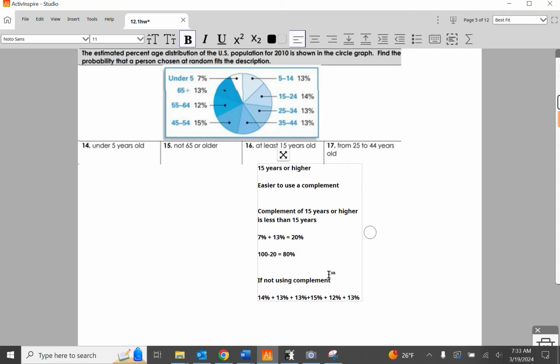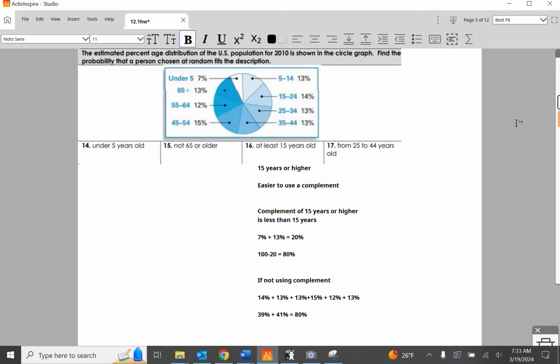Sorry, I don't know why I didn't finish that. Must be tired. We have 13, 13, and 13, which makes 39, right? We've got a 14 and a 15 and a 12. 14 and 15 is 29, plus 41% there, and that's going to be 80%. Either way you look at it.